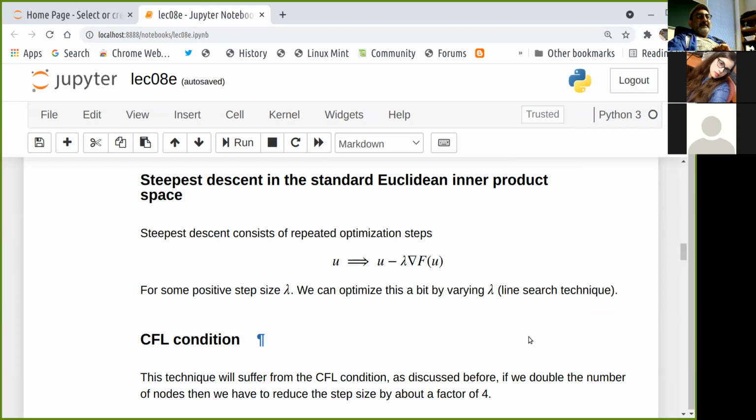So on really fine grids, which hopefully give me a much better solution, I have to make my lambda so small that it isn't worth doing this. But we'll see how to fix that in a moment.